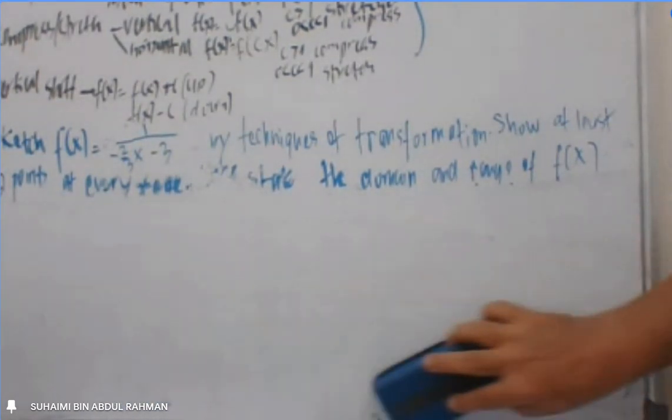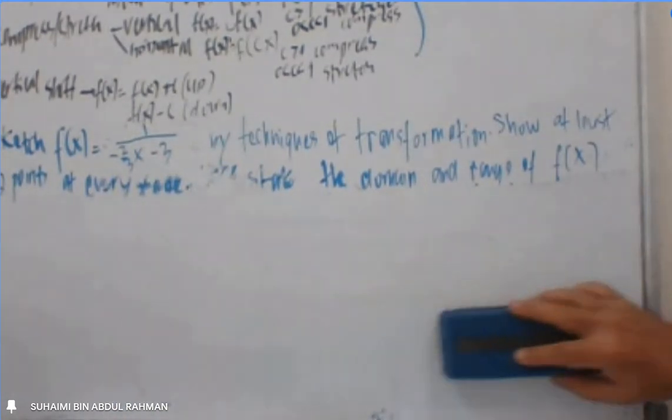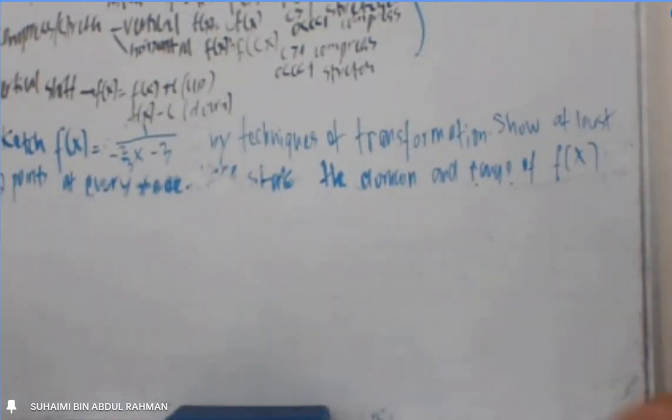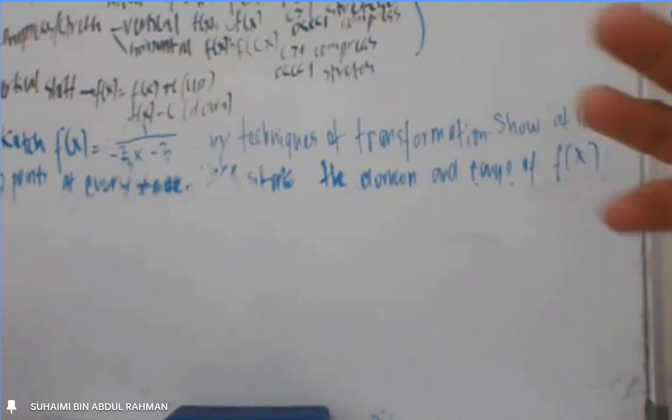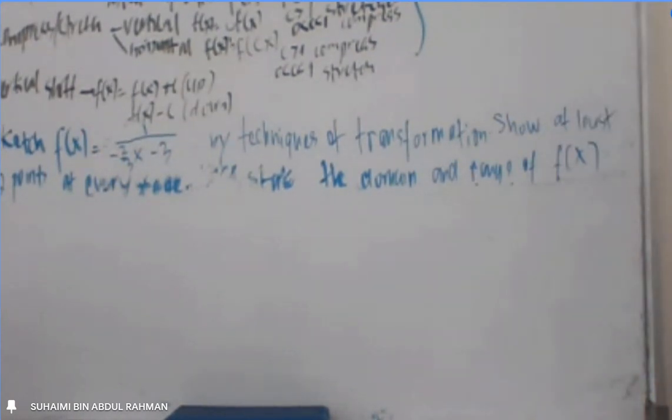Remember that when we sketch, you are using the technique of transformations. At every step we have to show the function we get. Every step also we have to show points, the movement of the points.